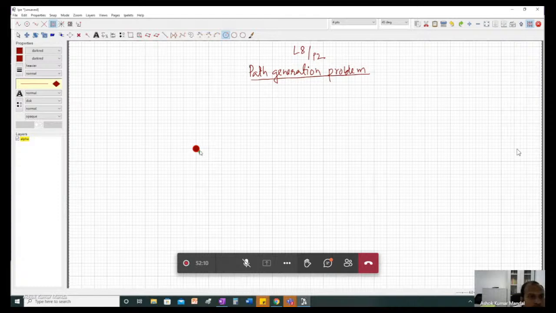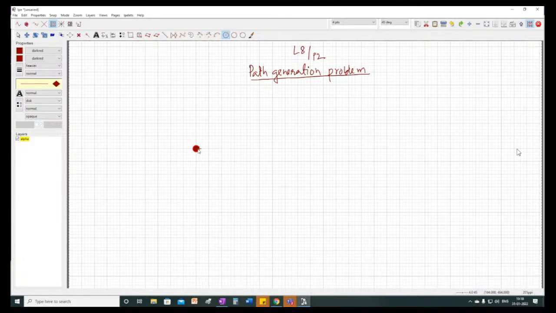Suppose the second position of the point is here, and the third position of the point is here. These are the 3 points which your client is asking you to give him.